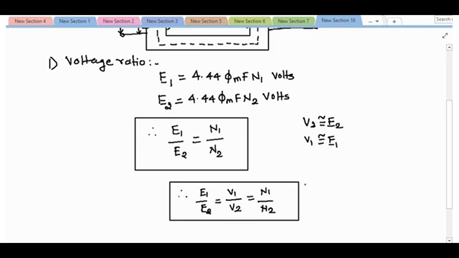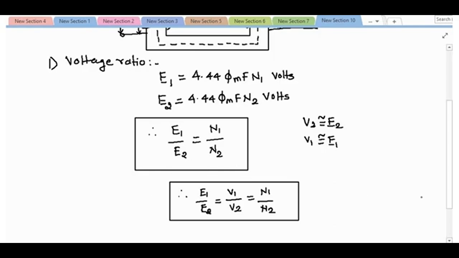The second ratio is nothing but N1 by N2. So the ratio of the primary turns to secondary turns is known as the turns ratio of the transformer. So at no load, my voltage ratio is equal to the turns ratio. The impedance of the transformer winding being small, even at full load, we will assume the voltage ratio approximately equals the turns ratio.